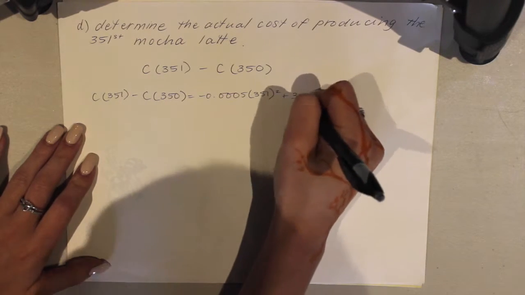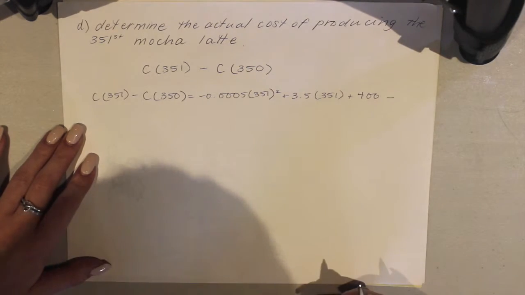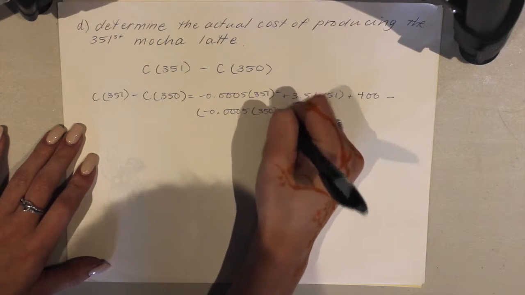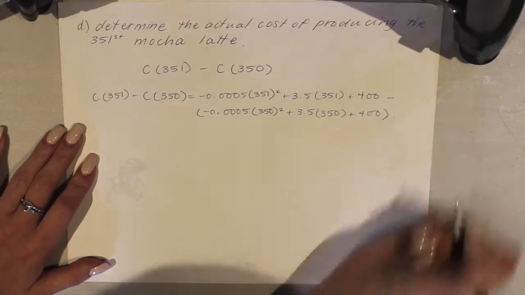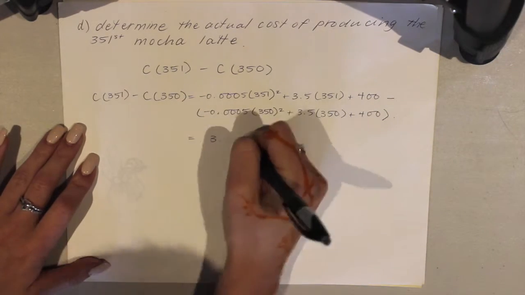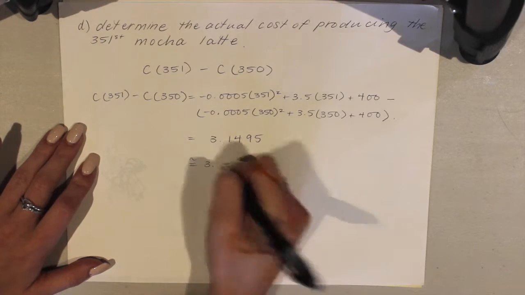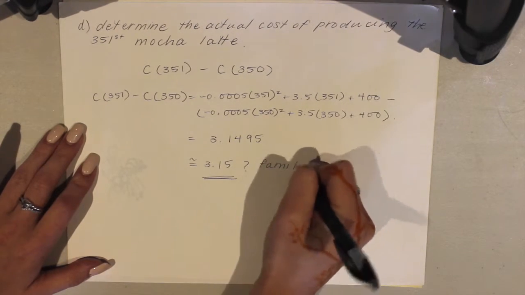And once you plug in numbers and you get your answer, you'll notice that there is quite the similarity between the marginal cost of the 350 mocha lattes and the actual cost of the 351st mocha latte. So for large values of x, the marginal cost when producing x items is approximately equal to the cost of producing just one more item.